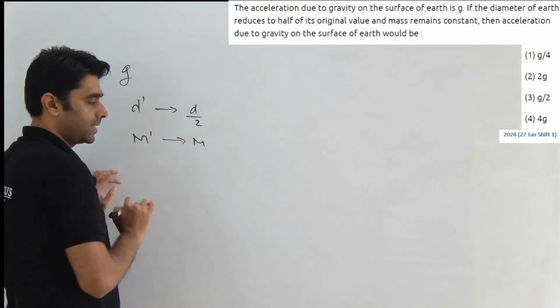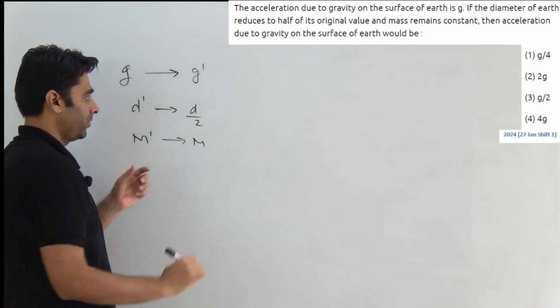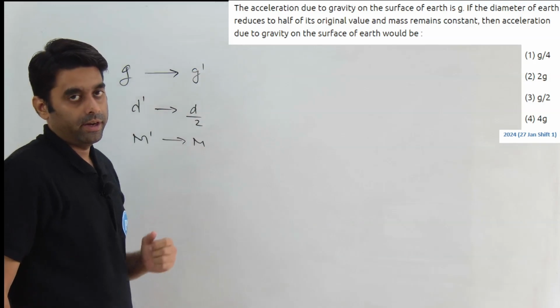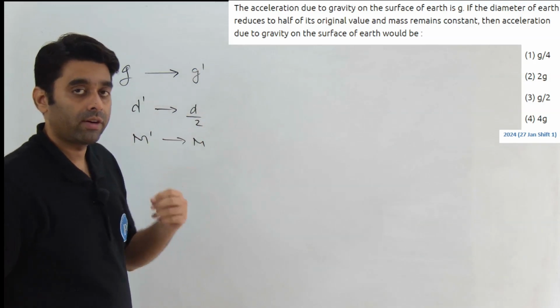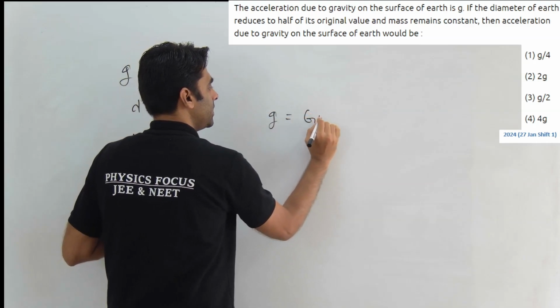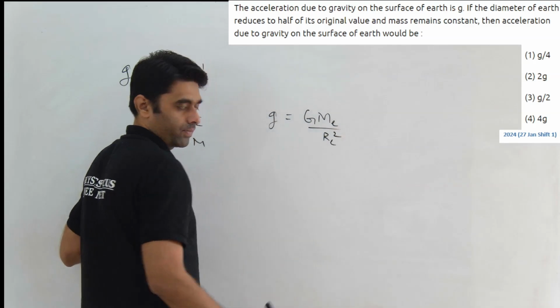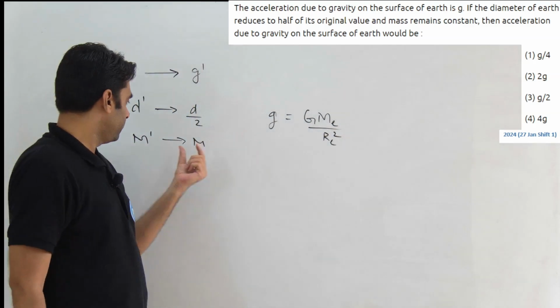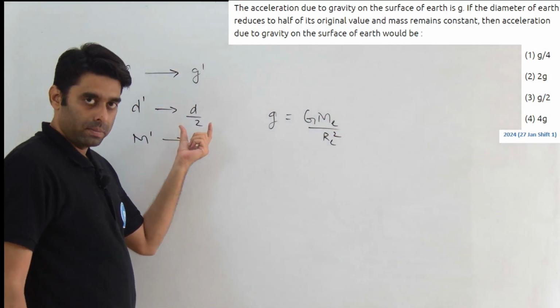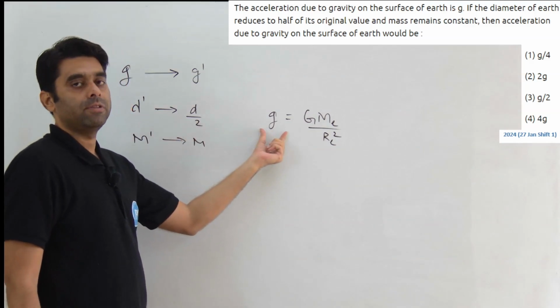So let's say that from g it changes to g dash when your diameter is changed, right? What is our relation for g? We know g is given as capital G M by R square, right? If we change the diameter, radius will change, and therefore your g value will also change.